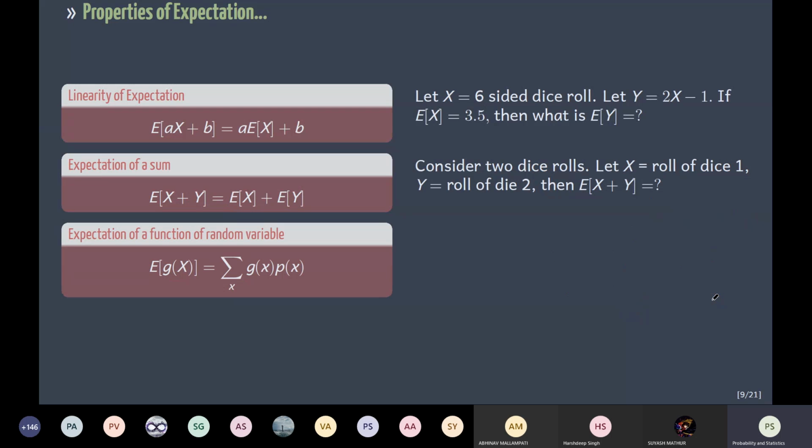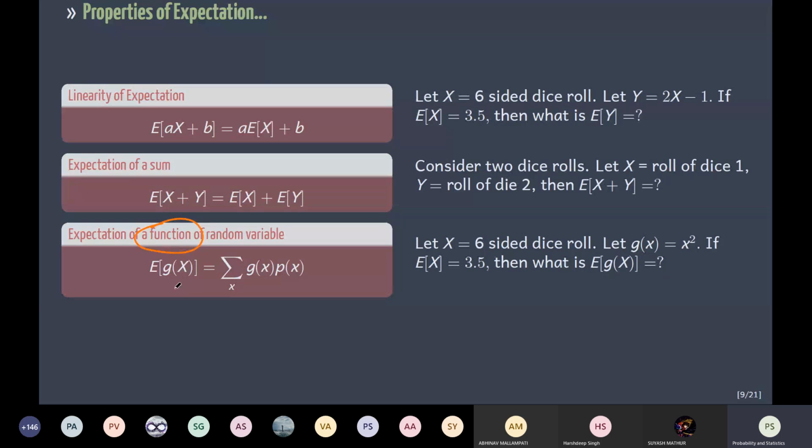And then let us look at the expectation of a function of a random variable. That's now more generalized. How do you find the expectation of g of x, where x is the random variable? The more generic formula is this. The earlier case becomes a special case of it, because g of x could have been taken as ax plus b.